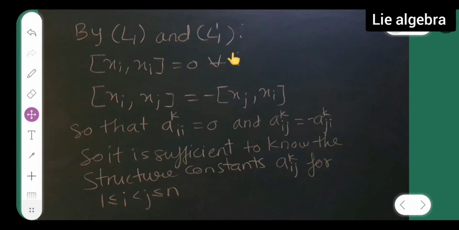And this is your L1 dash, which I have taken: the Lie bracket of xi comma xj is equal to minus the Lie bracket of xj comma xi. So aii of k is equal to 0 for this one, and for this one it is aij of k equal to minus aji of k. So it is sufficient to know the structure constants aij of k for 1 less than or equal to i less than j less than or equal to n.